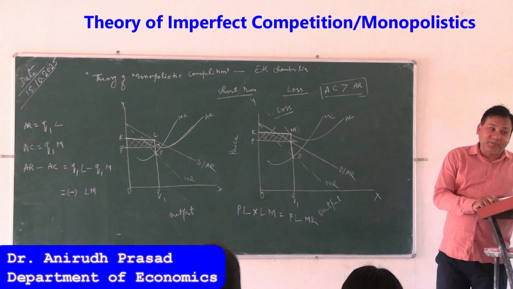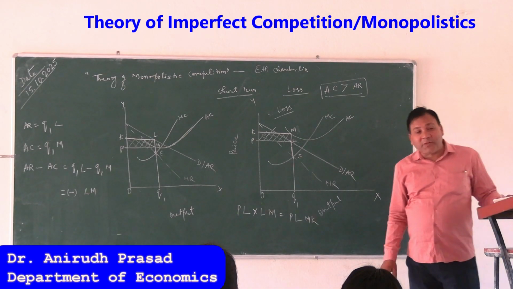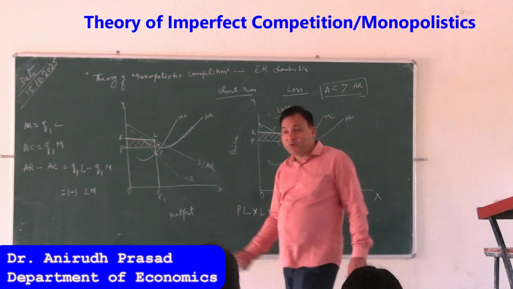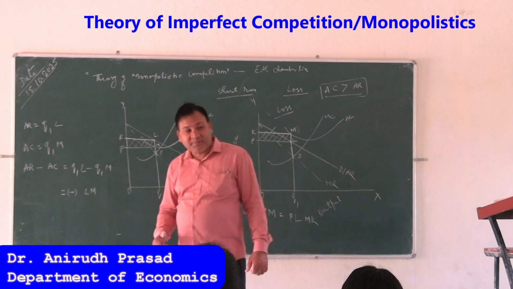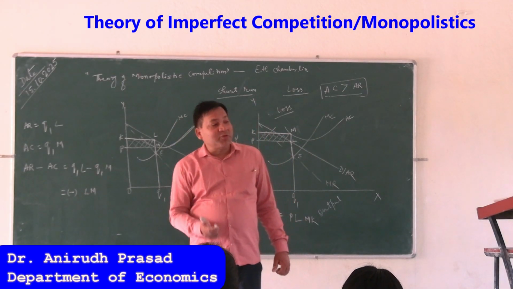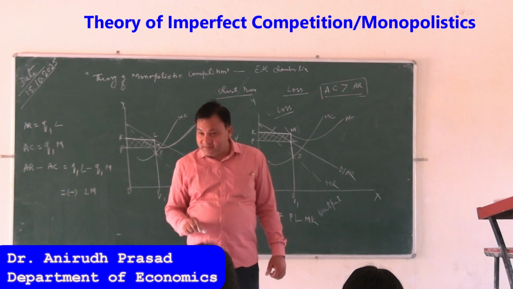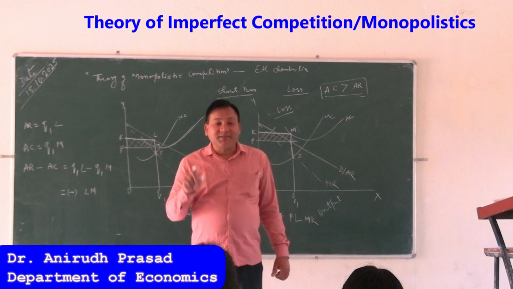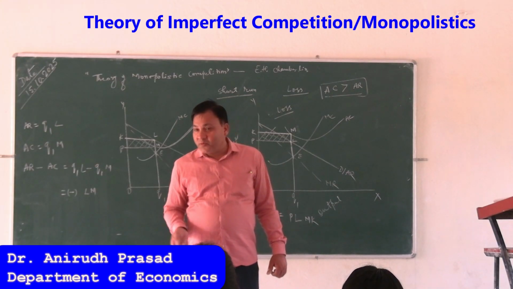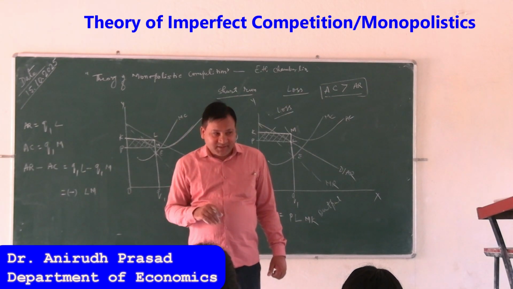Because if the firm gets supernormal profit, new firms will come up. New producers will come up. They produce the same goods, close substitute goods. Then price will decrease because production will increase due to the entrance of the new firms.